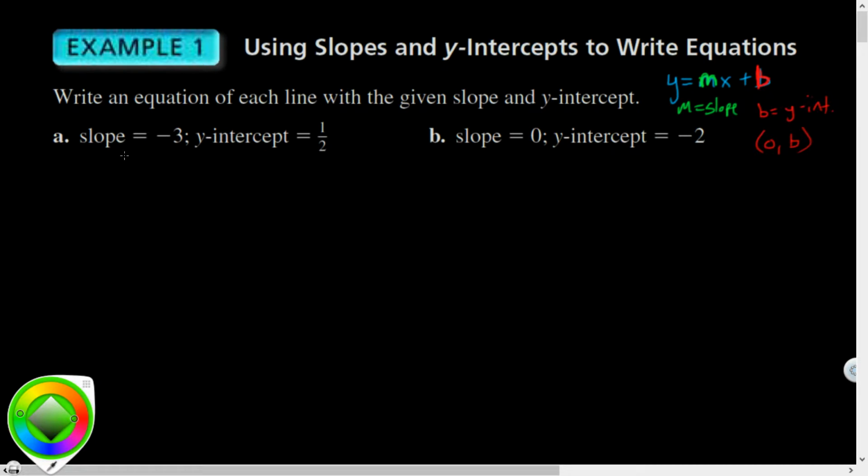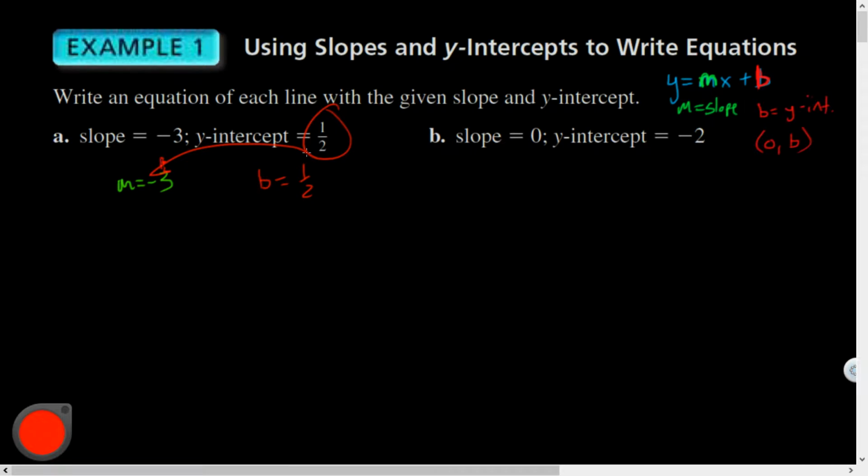So here we go. Here's a problem. They say write the equation of each line with the given slope and y-intercept. So I've got some clues, some DNA here. I know that m is equal to -3, and I know that b is equal to 1/2. That's weird. The fraction one is usually the slope. But there do exist points on the y-axis that are fractions, so that's okay.